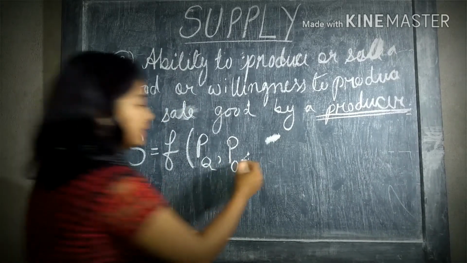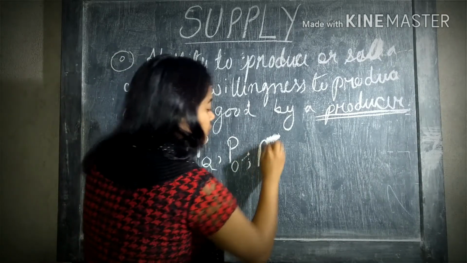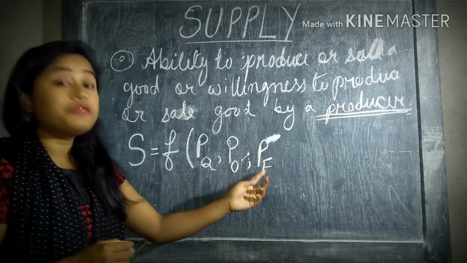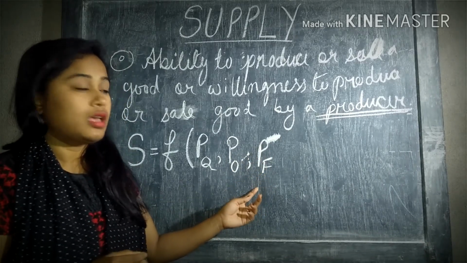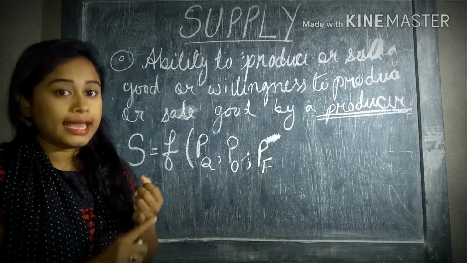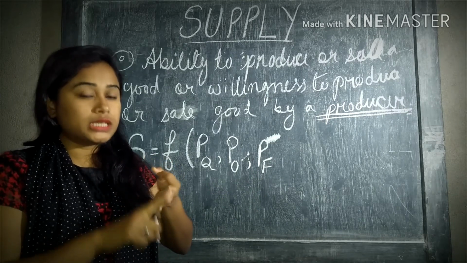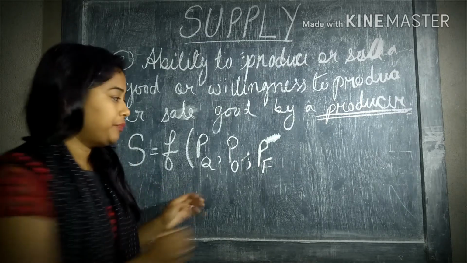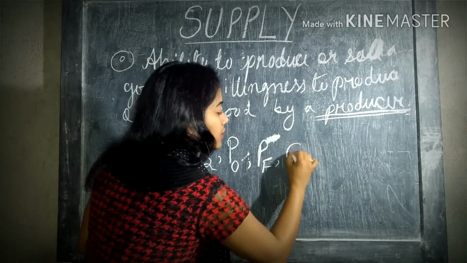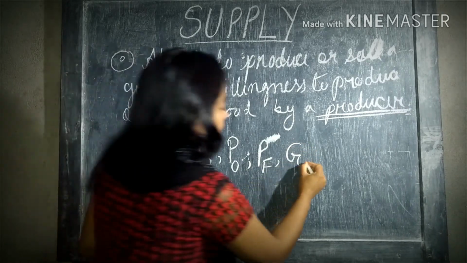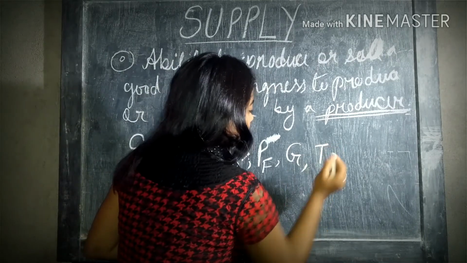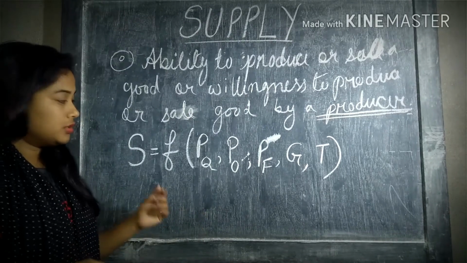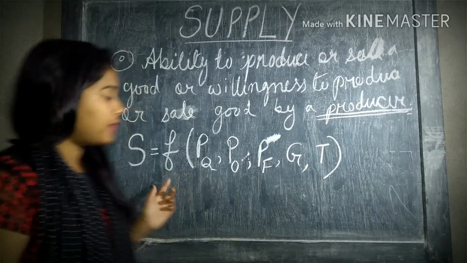Then the price of the factors, F, the price of the different factors of production. What are the factors of production? Land, labor, capital, organization, whatever we need for producing a commodity. Then the goal of the supplier and the taste of the supplier. Okay, so one by one we will learn about these factors.